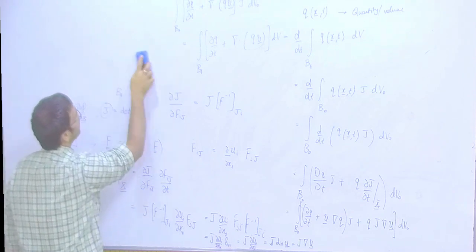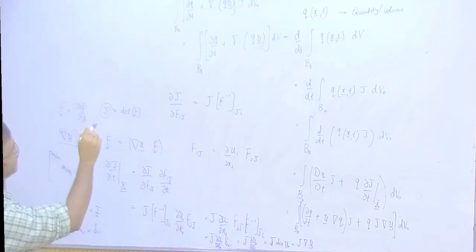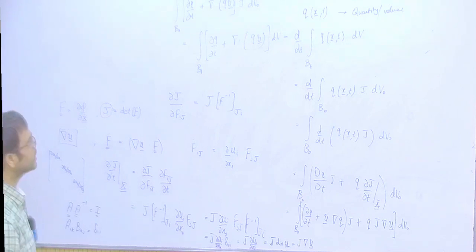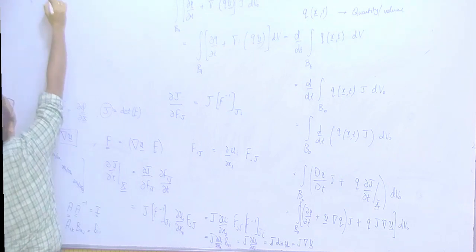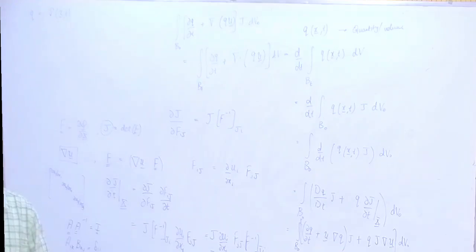The good thing about deriving Reynolds transport theorem this way is that now you can straight ahead visualize and apply all the laws of physics that you know. For example, when q is equal to rho, you know that when we are not in the relativistic regime, the mass of the whole blob is not going to change. No matter how a blob moves, the mass of the blob is not going to change. We are assuming there is no mass transfer, no boiling of that fluid or condensation of the fluid and so on.